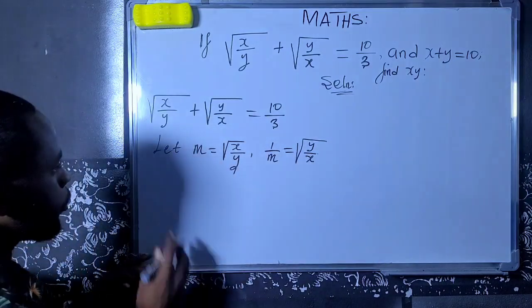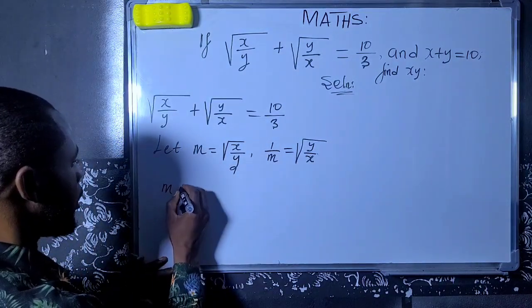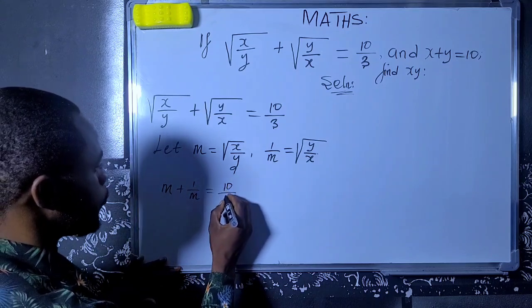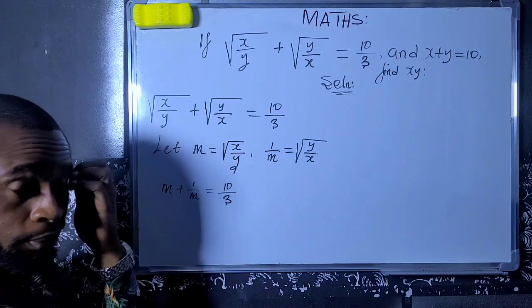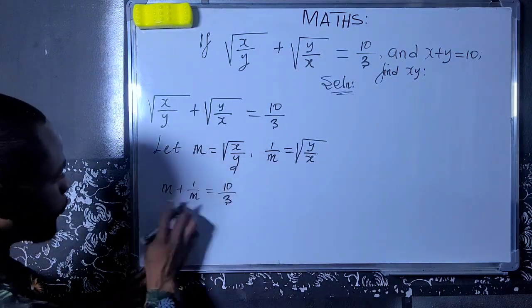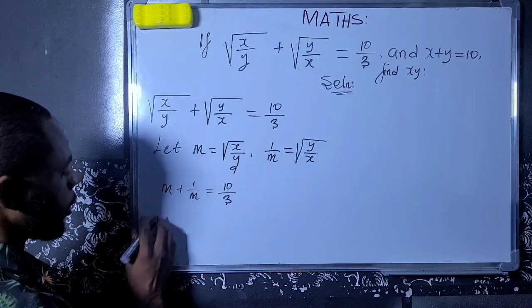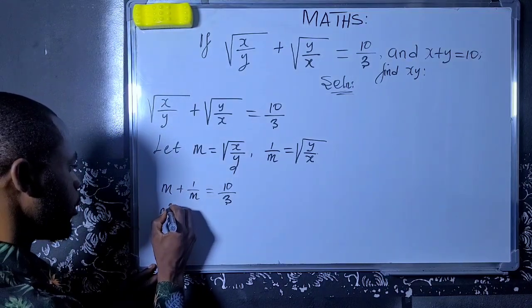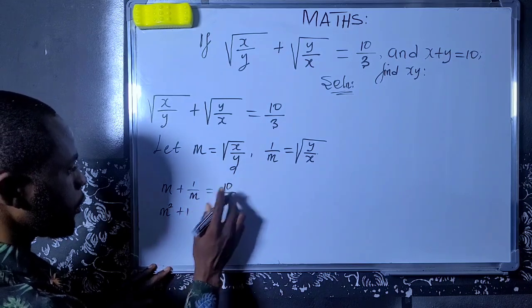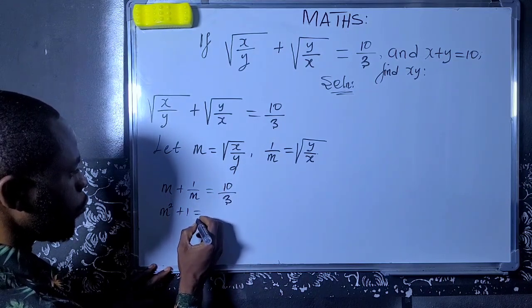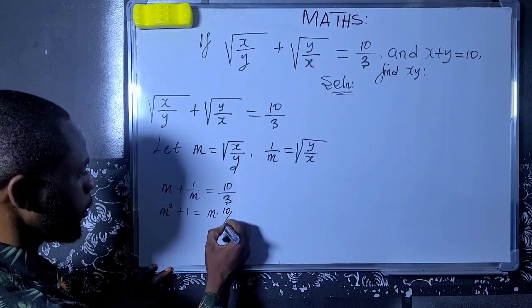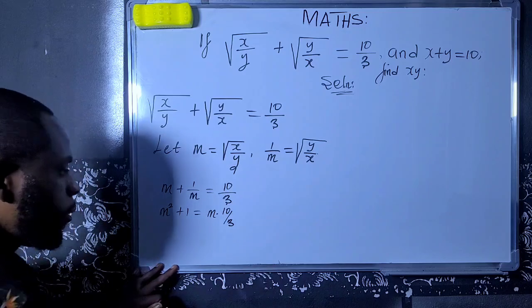Now with this, we are going to have that m plus 1 over m equals 10 divided by 3. Now if we simplify this further, m times m gives us m square plus 1, then m times this gives us m multiplied by 10 divided by 3.